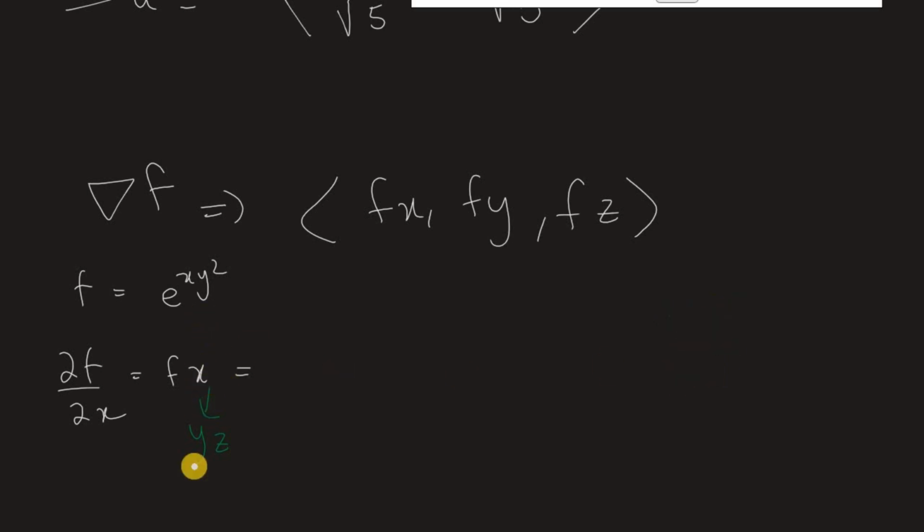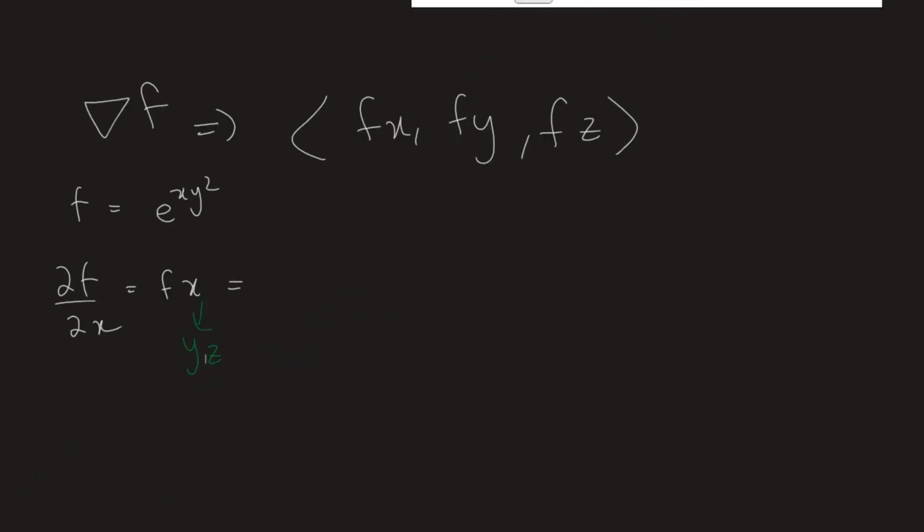So here you are differentiating with respect to x, and y and z are constant. So the derivative of this one is going to be the same thing again, and then times the inside function. It's the same thing, and then multiply by the inside, xy squared.